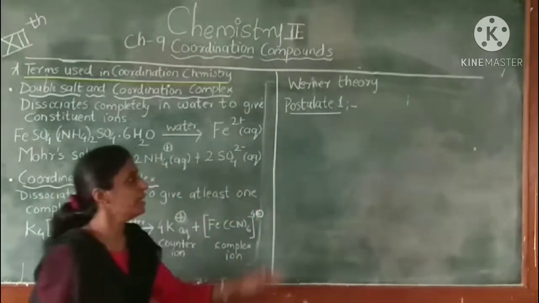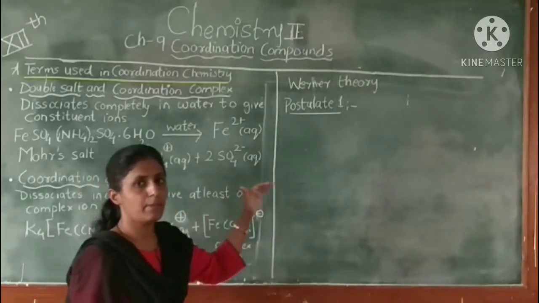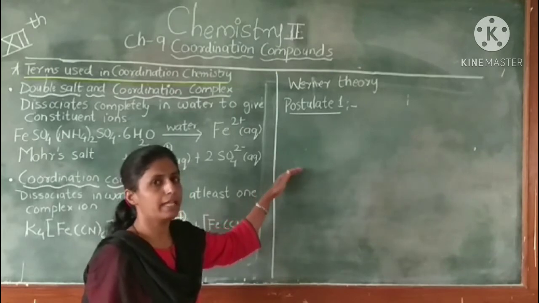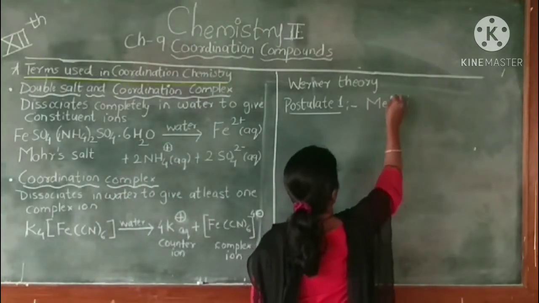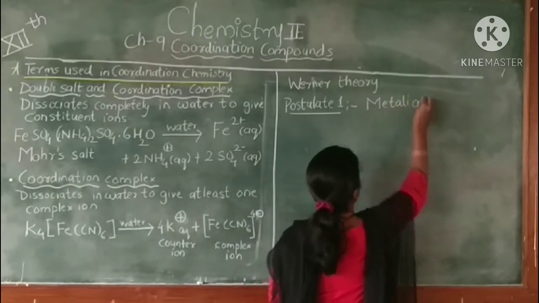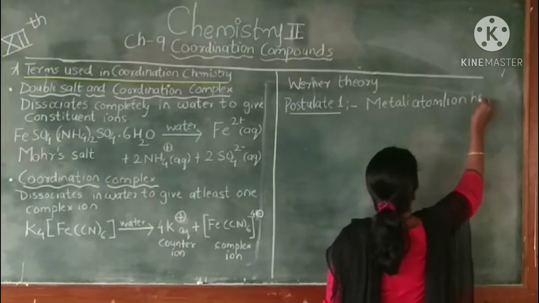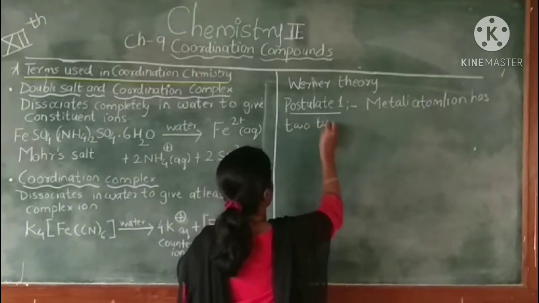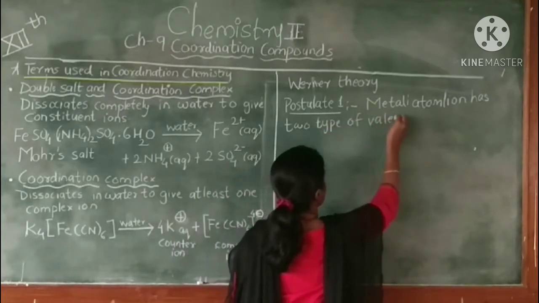He made an assumption that a complex contains a metal atom or ion, in which the metal atom or ion has 2 types of valencies.